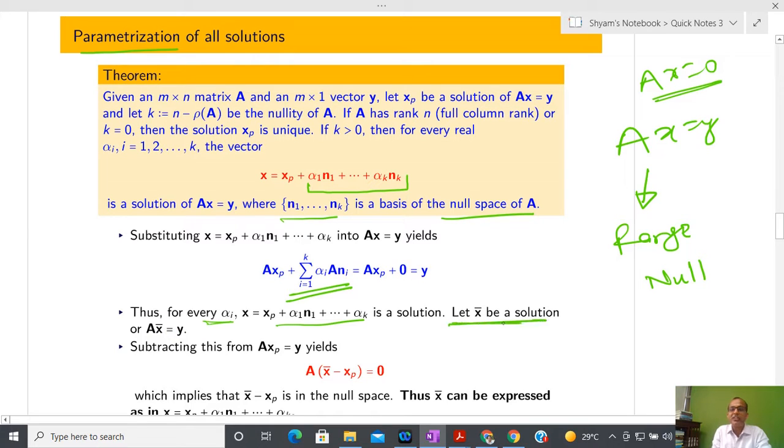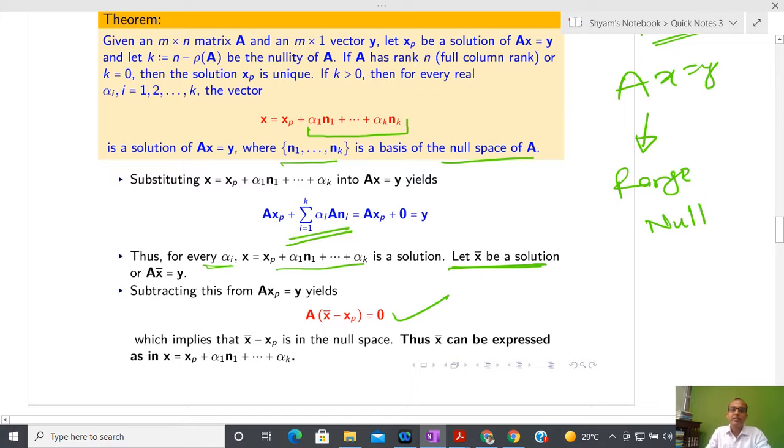Suppose x bar is the solution of the remaining quantity, then if you subtract both sides, x bar minus xp equals 0. So x bar minus xp is nothing but the null space. The same kind of thing I am going to say. Does anyone have confusion on this? Then please let me know.